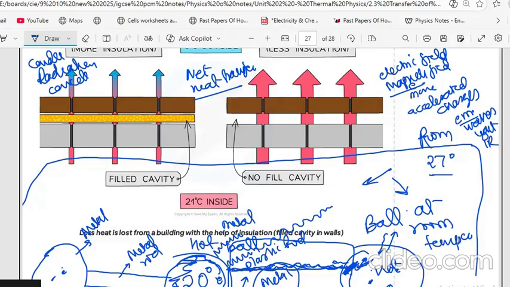Though there is a presence of matter between the two balls, that is air, air is a poor conductor, considered an insulator, because the air particles have so much gap between them, they don't touch each other. And also, what is air?